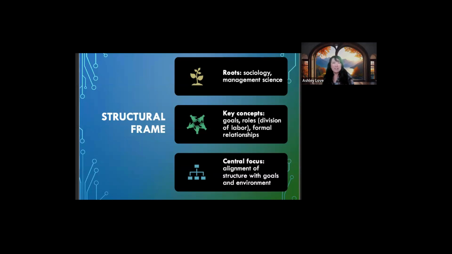A lot of times the key concepts are goals, roles, and divisions of labor, meaning, is it hierarchical? Is it lateral? There are different types of structures that exist in organizations, formal relationships, informal relationships. And you also talk about the central focus, which is the alignment of structure with goals and environment.